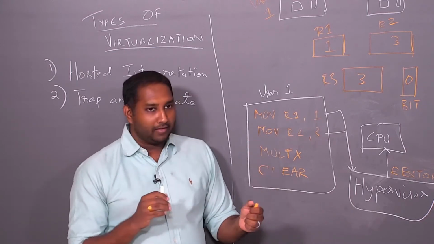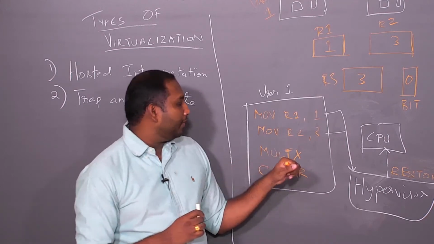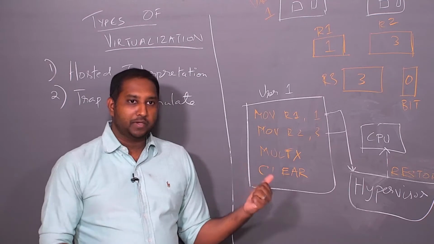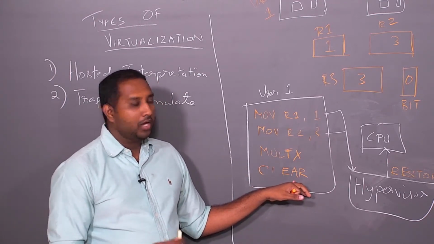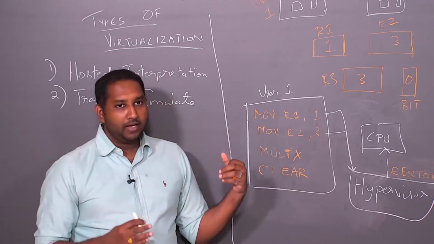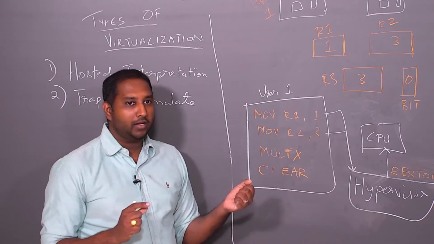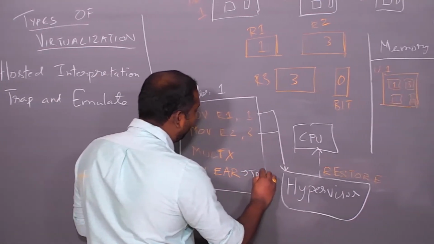Now, there is a catch. You cannot execute every instruction in this way. For example, when you try to execute things like clear, which requires privilege, then you need a trap. So another way to think about trap and emulate is a selective version of hosted interpretation where there are two things that are required. First, we need to be able to trap on privileged instructions.